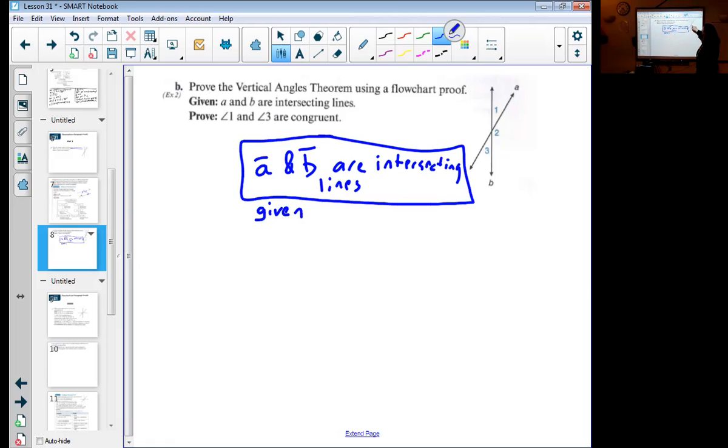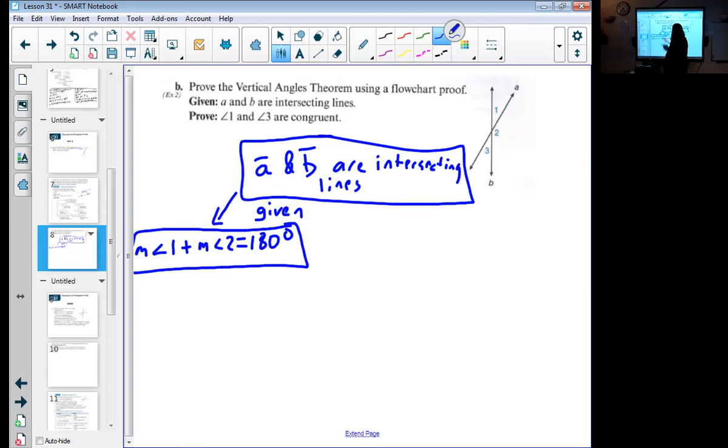Now, this tells us 2 things, that we have angle 1 and angle 2. The measure of angle 1 plus the measure of angle 2 is equal to 180 degrees. We know that because of the linear pair, the definition of linear pair.